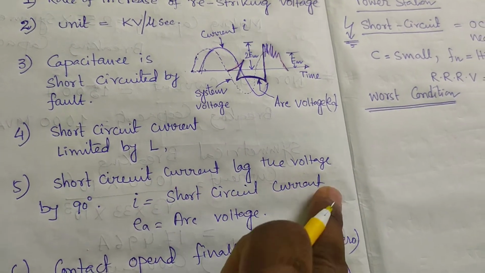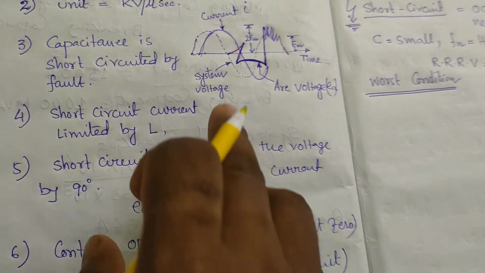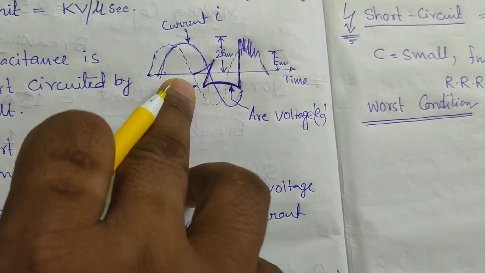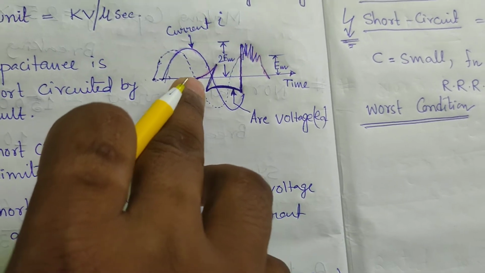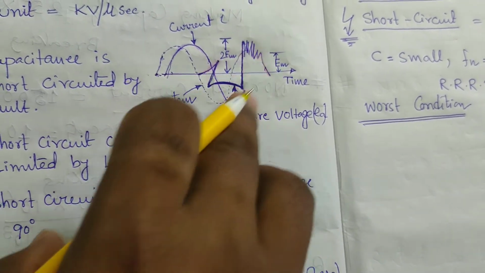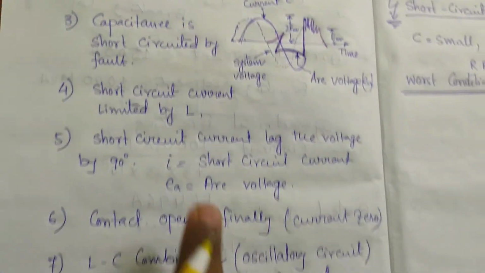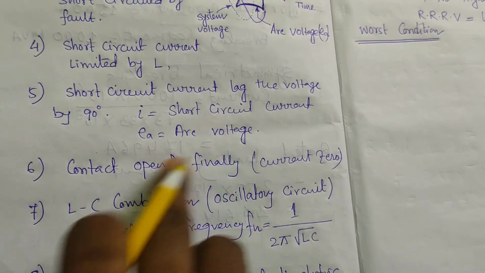I is the short circuit current and EA is the arc voltage. If anything else happens inside, the resultant waveform is like this. So this is called the arc voltage, EA.